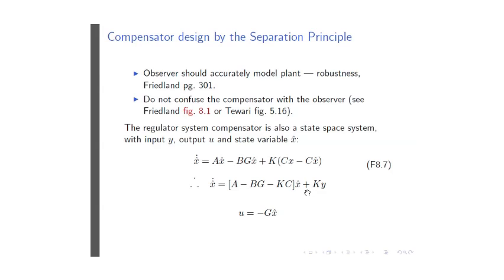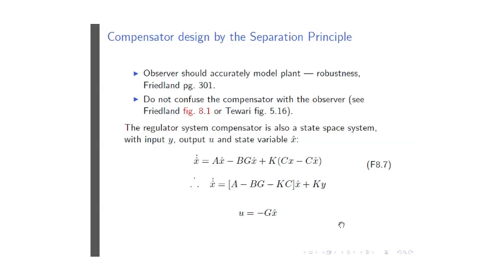K, the gain matrix of the observer, is the B matrix of the compensator. And minus G is the C matrix of the compensator, because the compensator output is minus G times its state vector. Right? So this is our standard state space representation of the compensator.